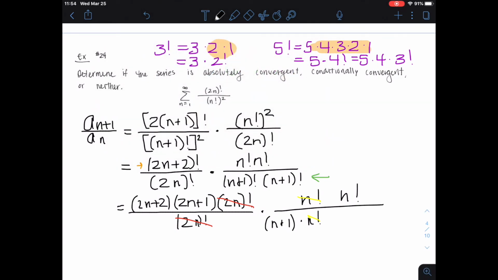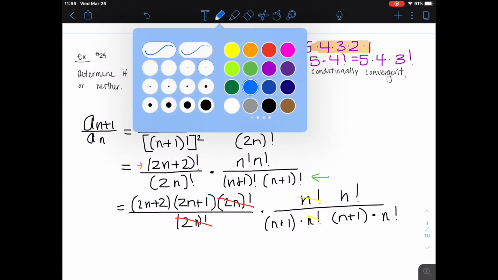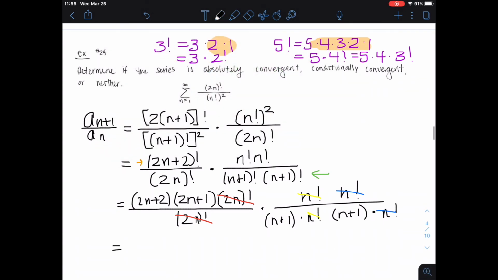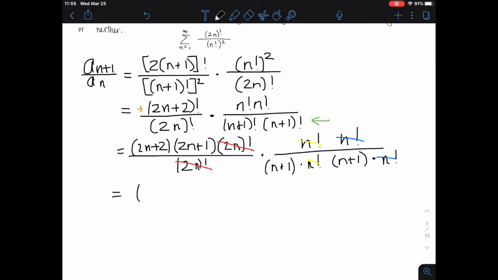If I do the same thing with the second one, you have n plus 1, and then you get the next integer, which is n factorial. And again, we have nice cancellation. So what we're left with in the numerator is (2n plus 2) times (2n plus 1). In the bottom, we have (n plus 1) times (n plus 1).